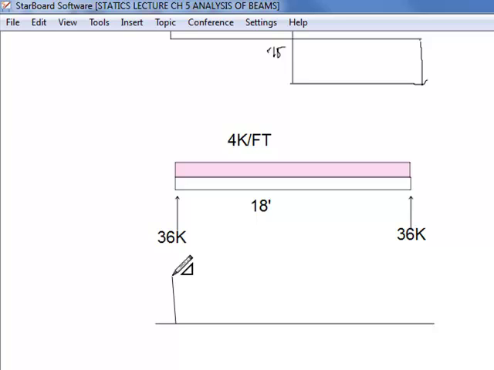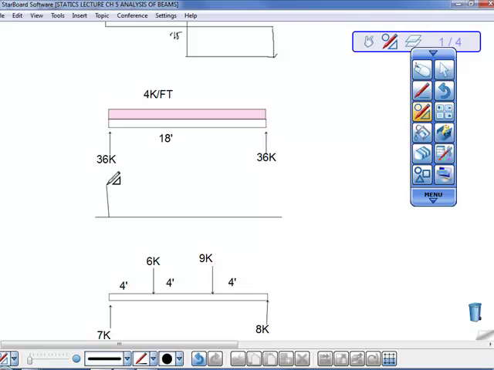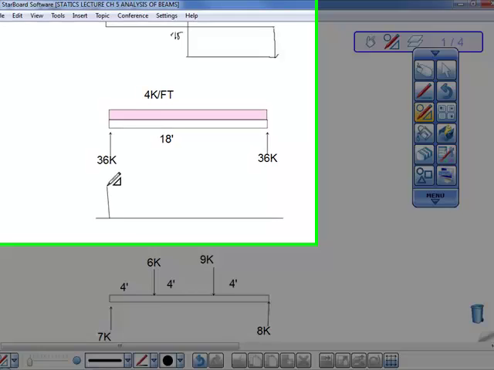Then you know that this time the load is evenly distributed, so it's going to angle downward instead of going straight across because we have this load going right there. But what you've got to do is figure out the load, which is 4 kips per foot times 18. So what does that whole load equal to? Somebody multiply that out.